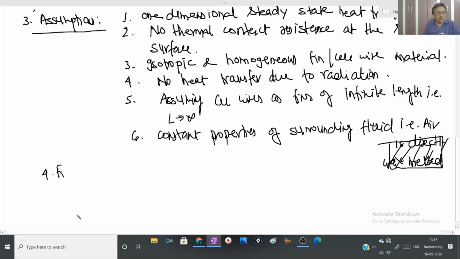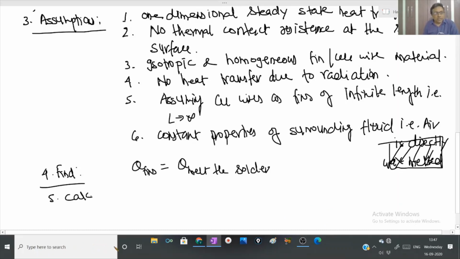What we are supposed to find out is the heat transfer by fins, that is equal to the heat required to melt the solder and to join the copper wires.